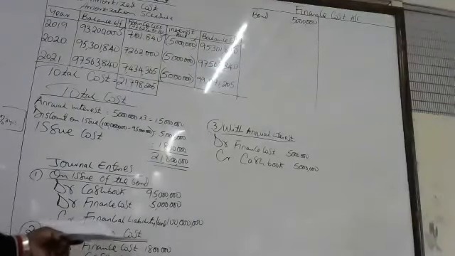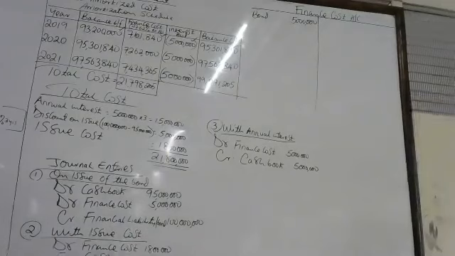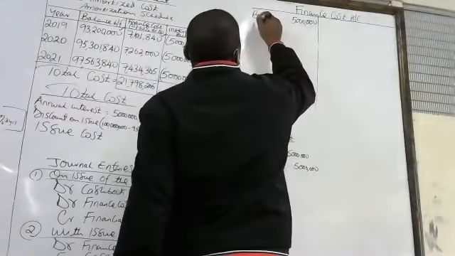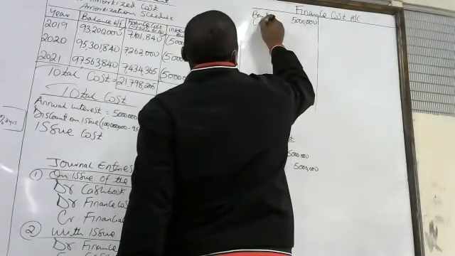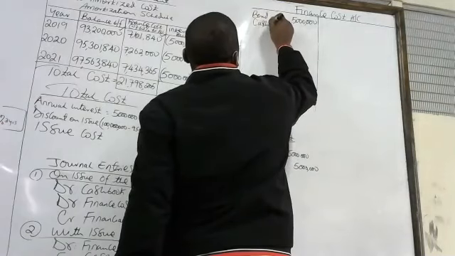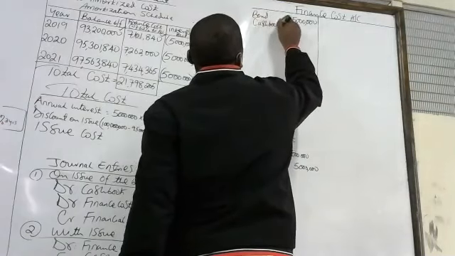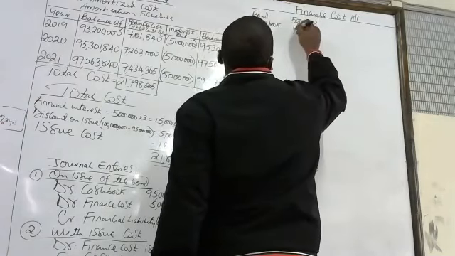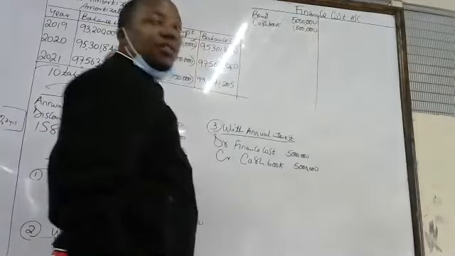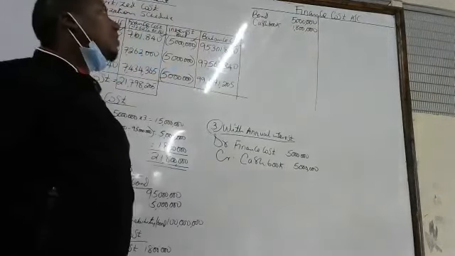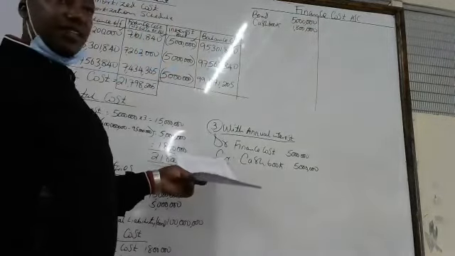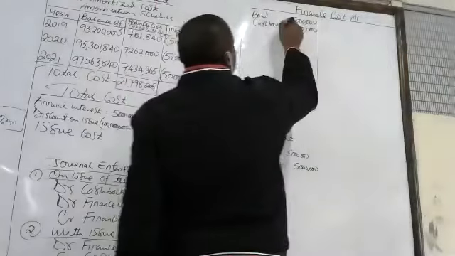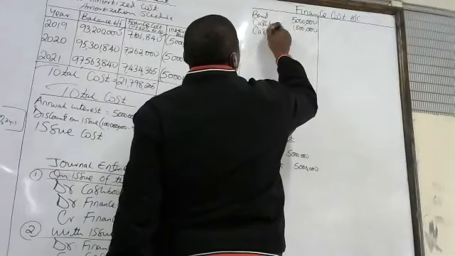Then, with the issue cost, you debit the finance cost and credit cash flow, 1.8. Those are the cost of this bond. Then, with annual interest, you debit finance cost, you credit cash book again, is it? Cash book.